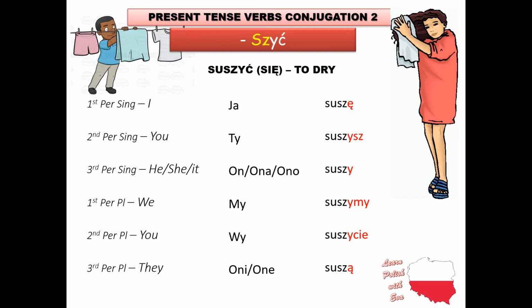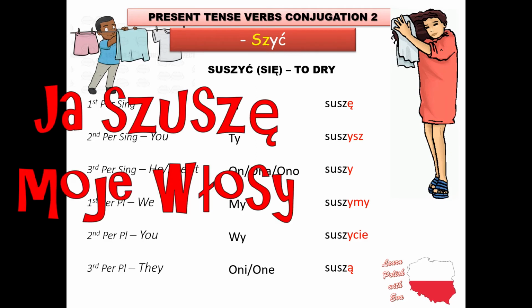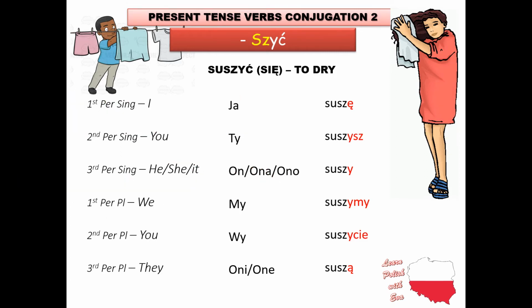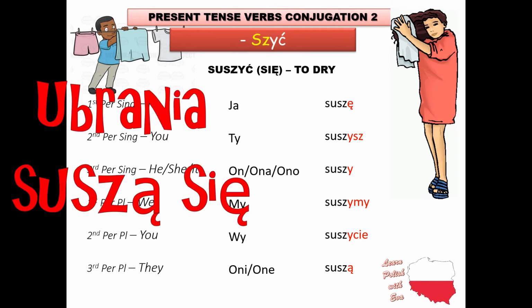To give you an example of a phrase, of course you can say I am drying my hair, no? So ja suszę moje, my hair, włosy. Ja suszę moje włosy. But for example, let's say the clothes are drying. So you will say ubrania, which means clothes, suszą się, because they are drying themselves.